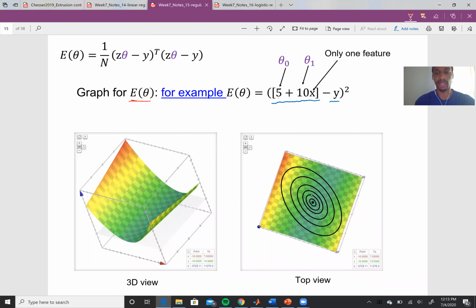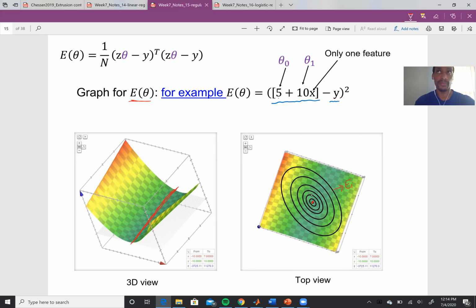And if we look at the top view of E theta, we'll notice that this very bottom point here is the lowest point, the minimized error point on this curve. And from there, we can draw these contours of larger error, but the same error. So along each of these contour lines, E is the same.